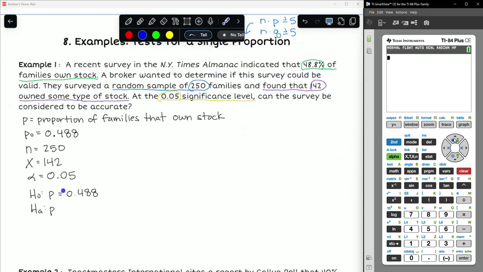So we're assuming equal to is the claim, and we know that the default, when we're not given anything otherwise, is not equal for the alternative. So we want to know if the proportion is 0.488 or different from 0.488. To do this, we're performing a one proportion z-test.